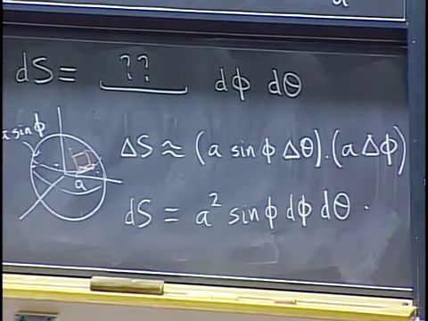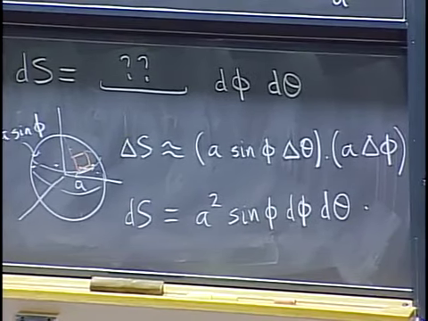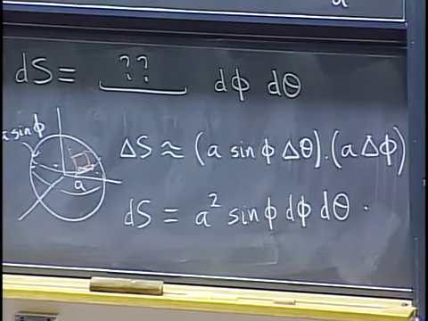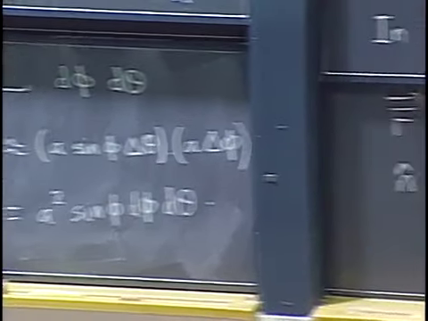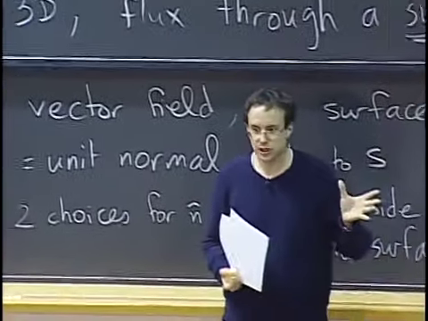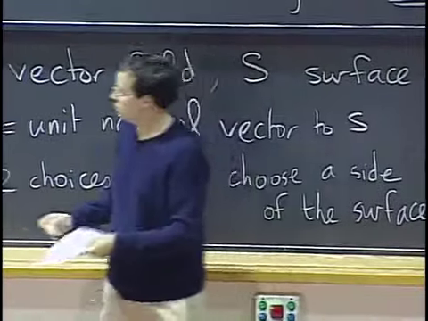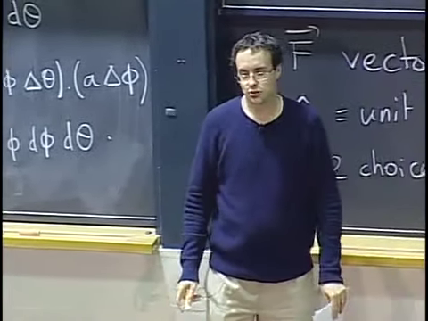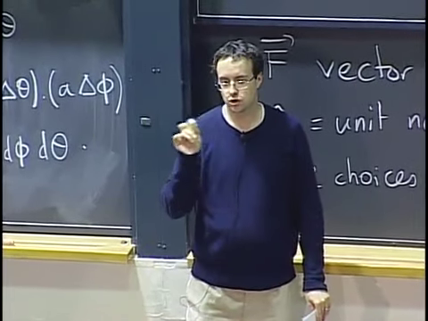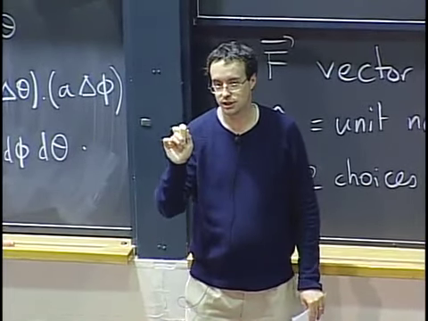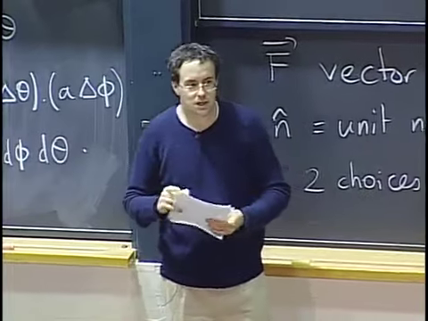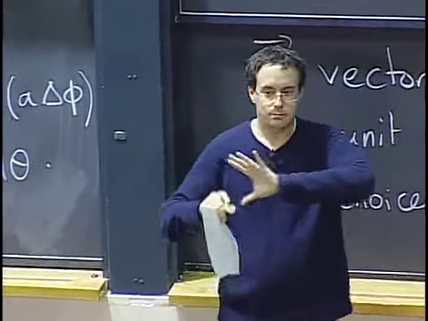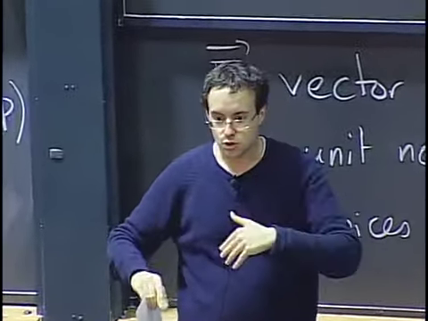Okay, so when we set up a surface integral on the surface of a sphere, most likely we'll be using phi and theta as our two variables of integration, and dS will become this. Now, it's okay to think of them as spherical coordinates, but I'd like to encourage you not to. Spherical coordinates are a way of describing points in space in terms of three variables.